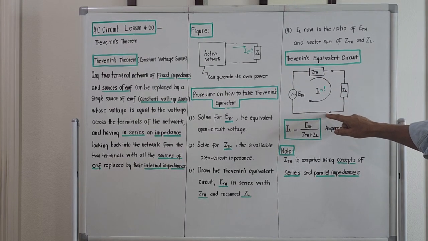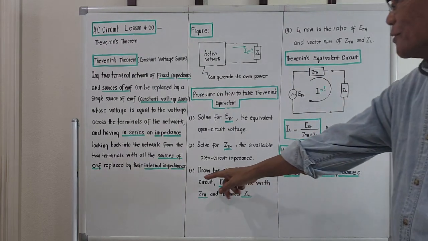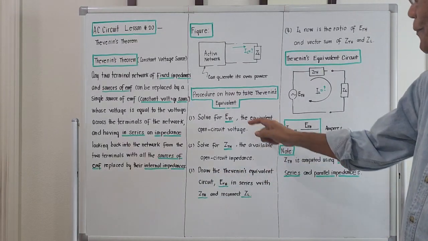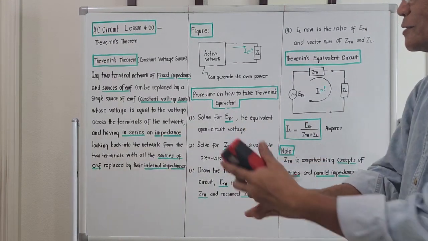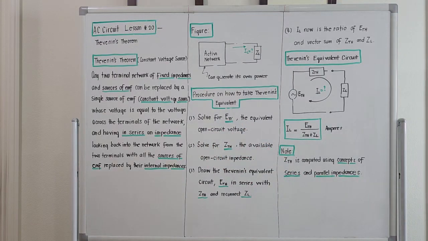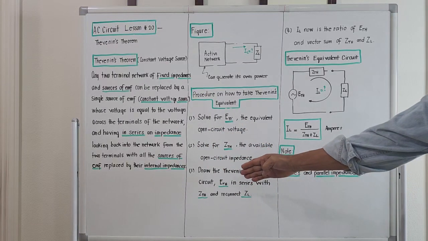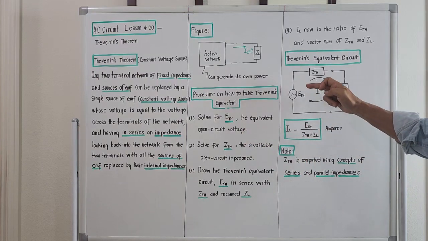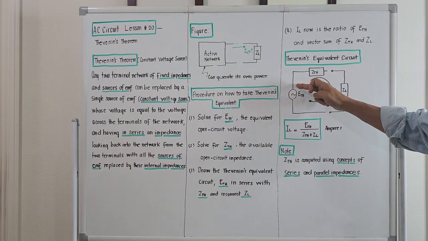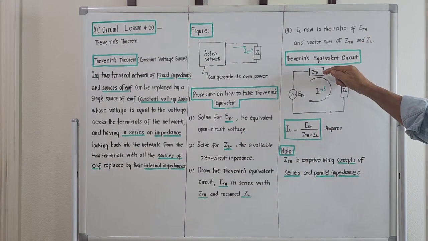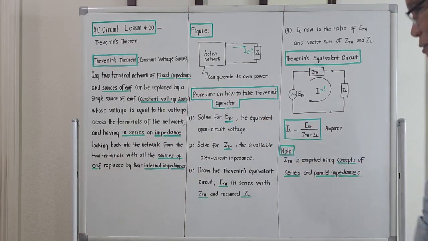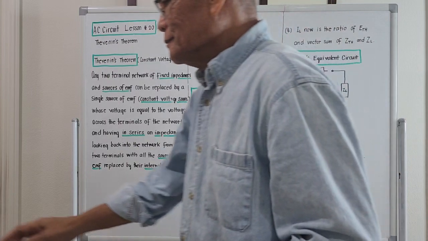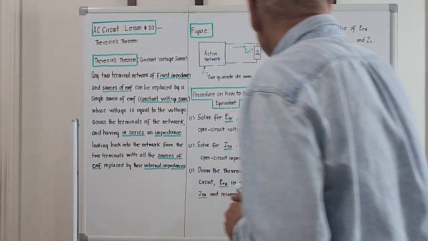So according to procedure number three, after computing for ETH and solving also for ZTH by using the multitester, Mr. Thevenin said that whatever the voltage that comes out, it should be connected in series with that ZTH. And then he tried to reconnect the unloaded load, reconnect.